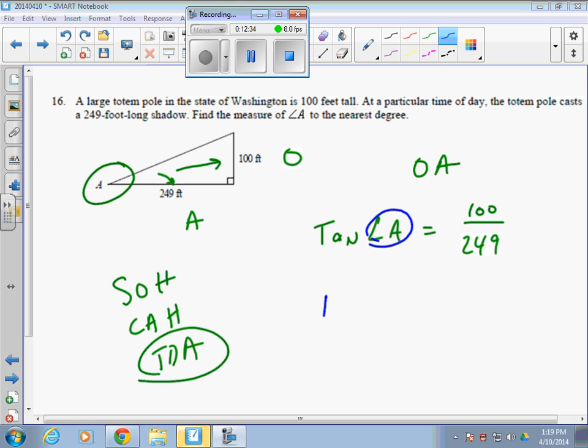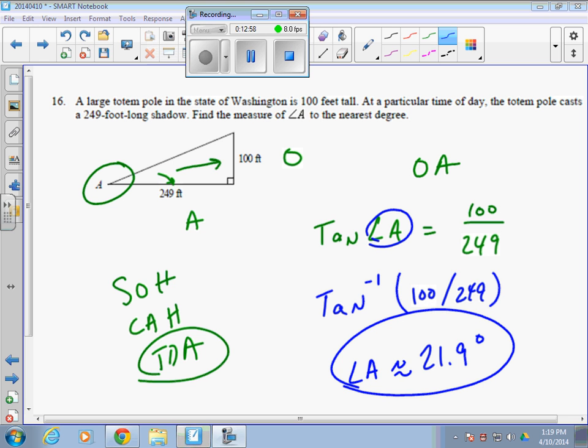So you punch it to where it says tangent -1, the inverse. It's going to open up something that looks like this, tangent -1 like that, or raised to the -1. You simply punch in 100 divided by 249. When you do that, you get 21.9 degrees approximately. Angle A is approximately 21.9 degrees.